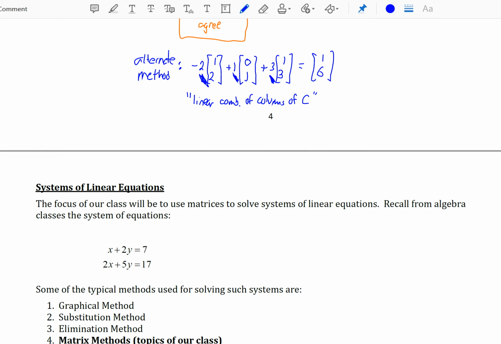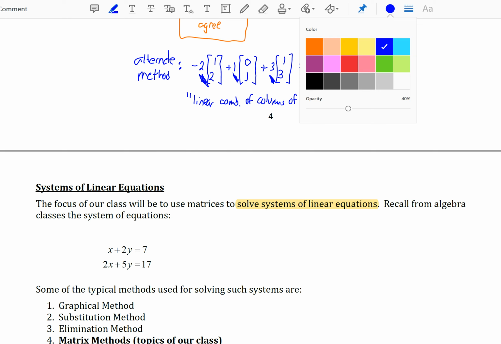Systems of equations. The focus of our class will be to use matrices to solve systems of linear equations. Again, this is a topic that you should remember seeing from maybe your Math 1010 intermediate algebra class and even Math 1050. And at that time, we looked at maybe a couple of simple systems of equations.